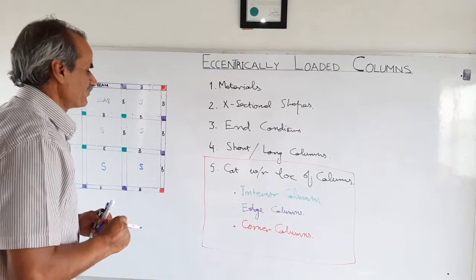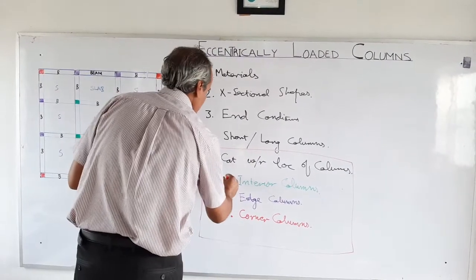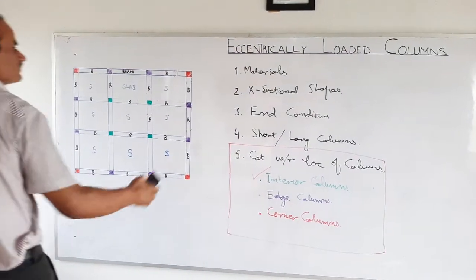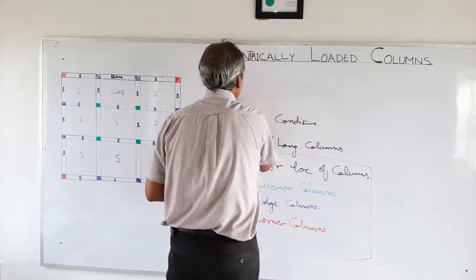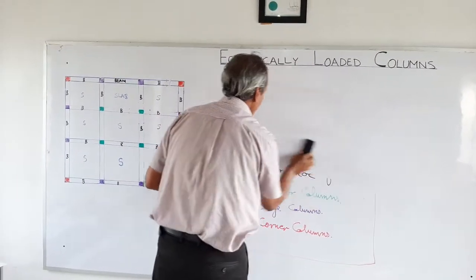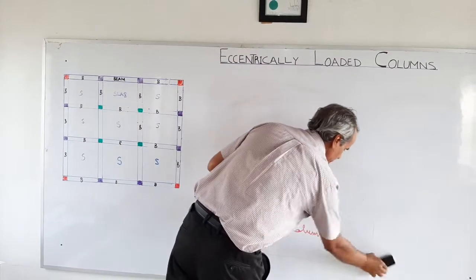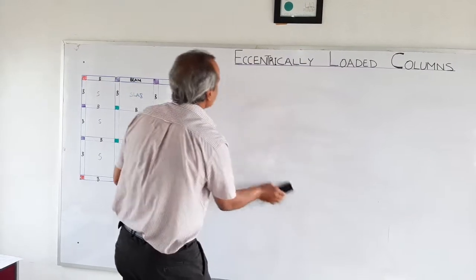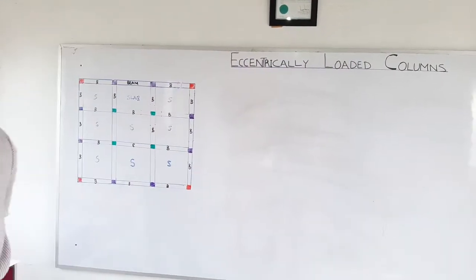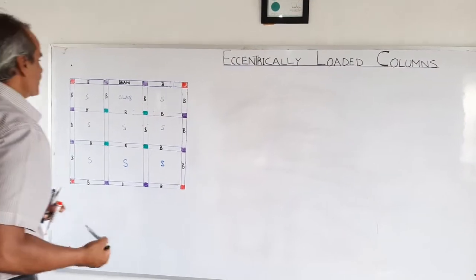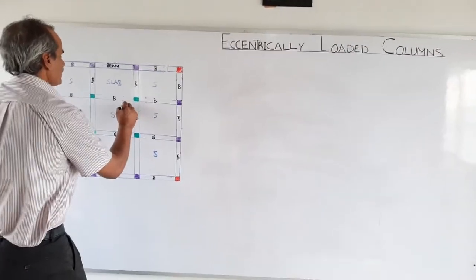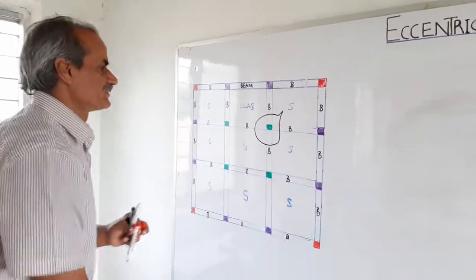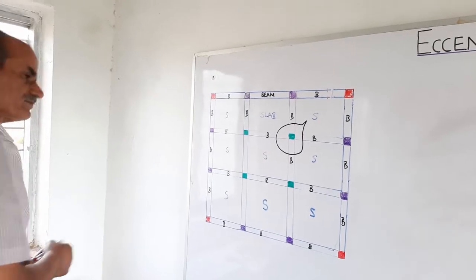Taking up one by one, say we take interior columns in the first step. In case of an interior column, you would appreciate that the column is loaded most likely centrically and not eccentrically, which is today's topic. Now see, I will give a blow up of the interior column, which is marked green over here.